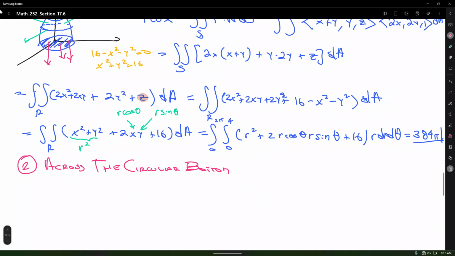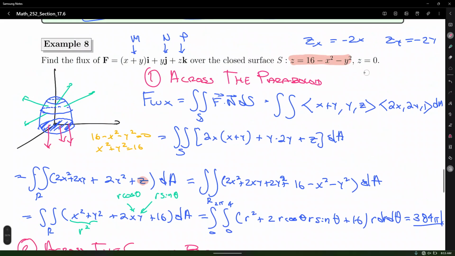The surface that describes the circular bottom. Let me go back a little bit to the top. Which of those surfaces is it? That's part of the paraboloid, so the square root.